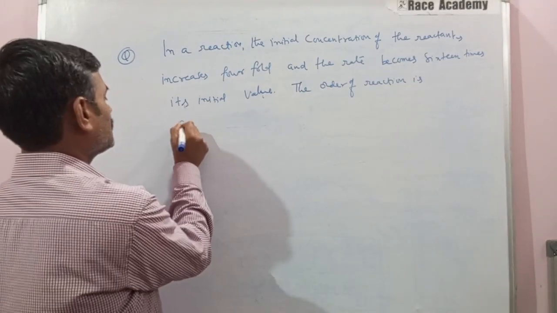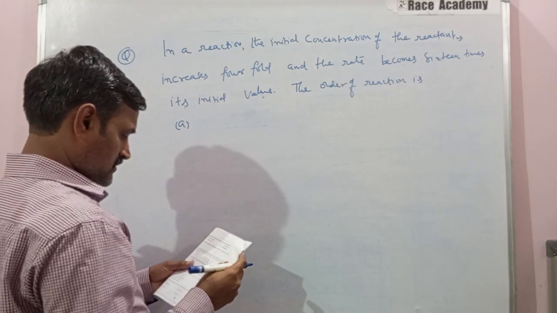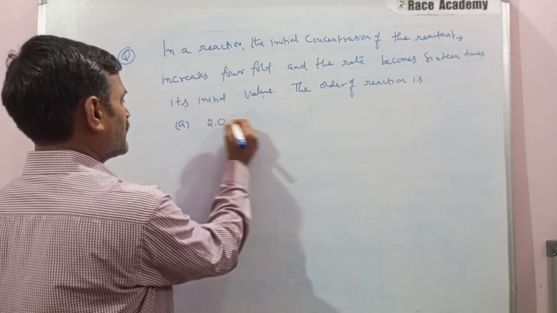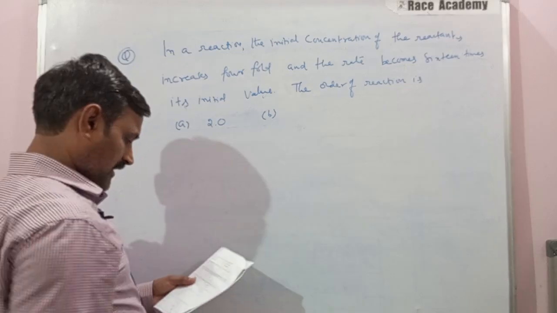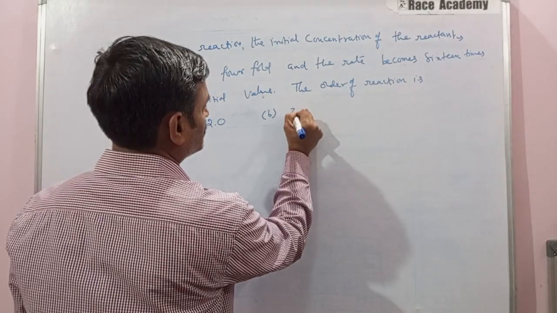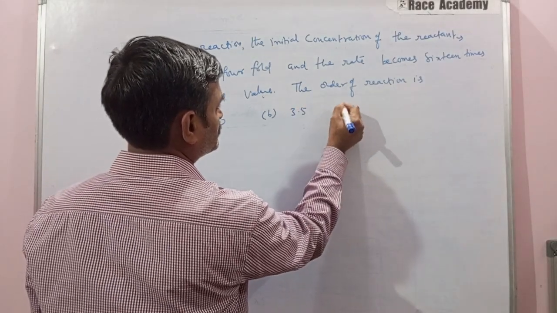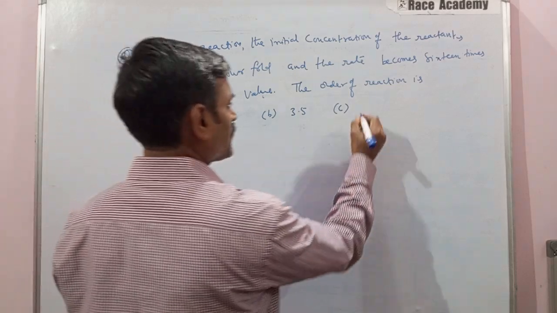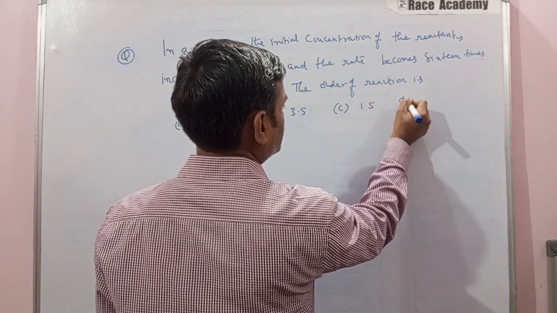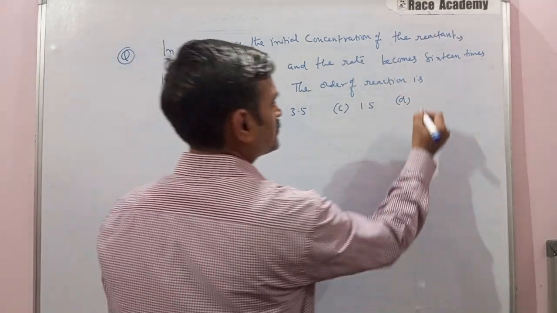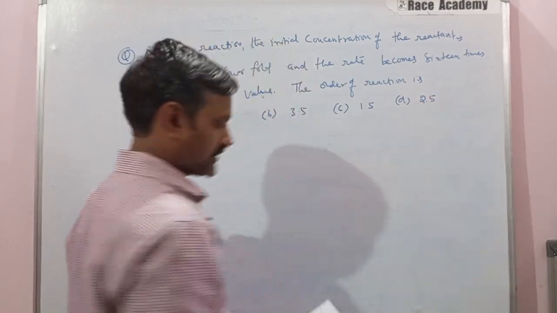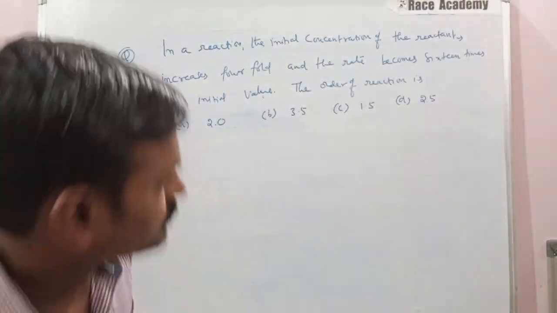The first one is 2.0, the second one 3.5, the third one 1.5, the fourth one 2.5.